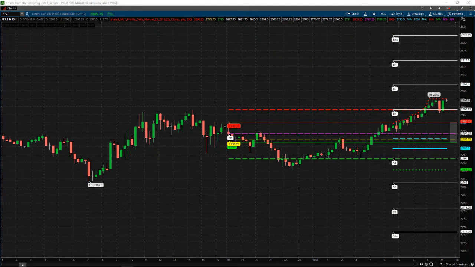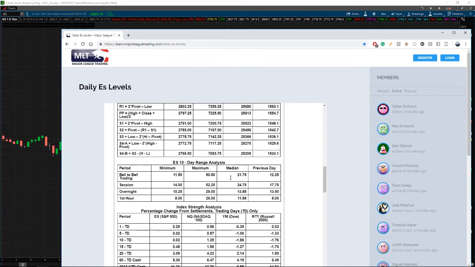S1 2791, S2 2785, S3 2778.75, and then S4 is down at 2772.75.